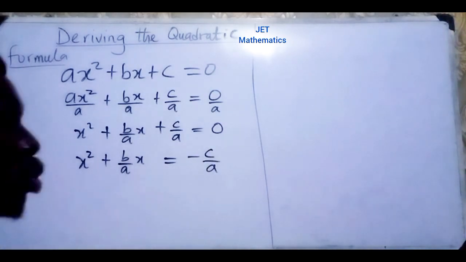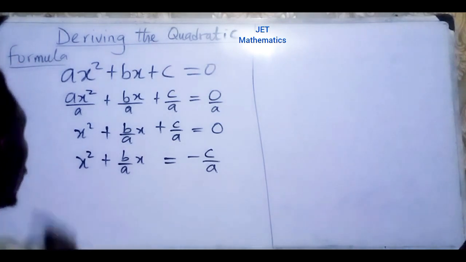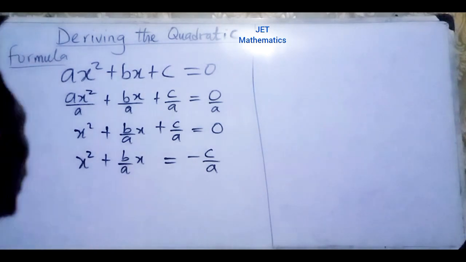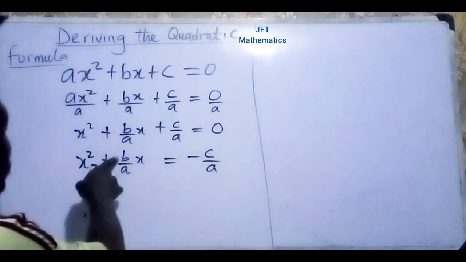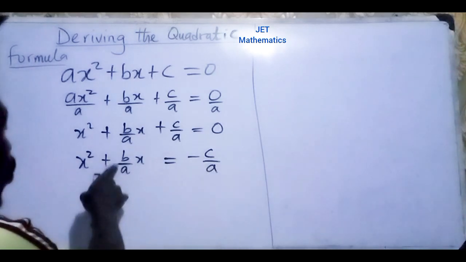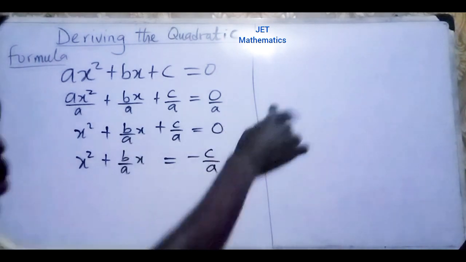The next thing we'll do is make the left hand side a perfect square. And how do we do that? We add half the coefficient of x, all squared, to both sides.